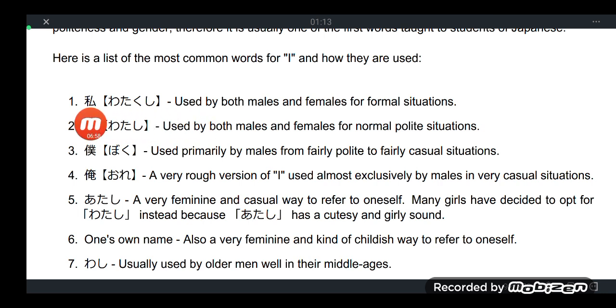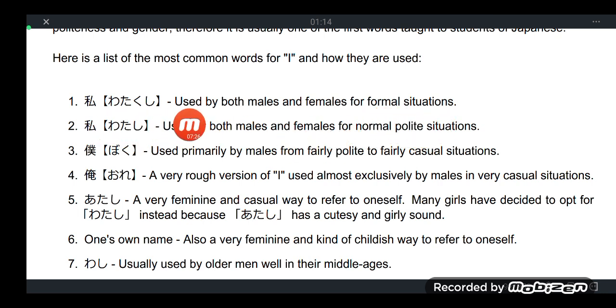So this kanji here is watakushi or watashi. Please take note of the usage: whether it is for unisex, males and females, for formal situations. It is indicated here what genders the pronoun is applicable to, what kind of situation you will be using it in, and the level of formality.